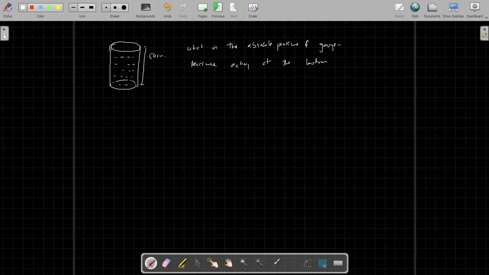So how will you find the pressure at the bottom of the container? It's simple. Rho equals, as we know, density of water, 10 to the power 3 kg per meter cube.